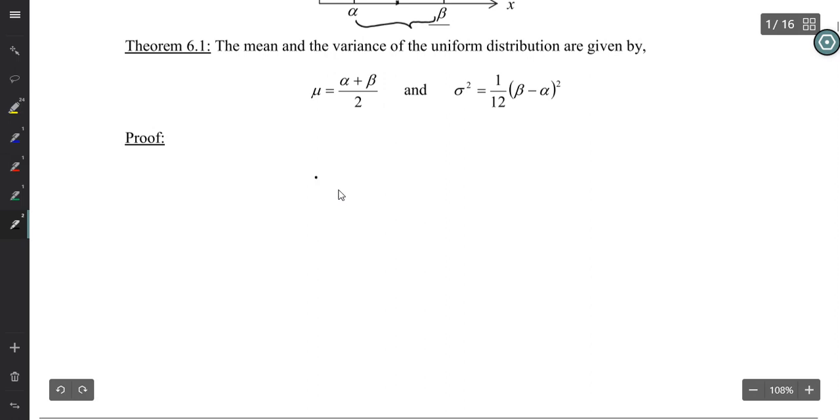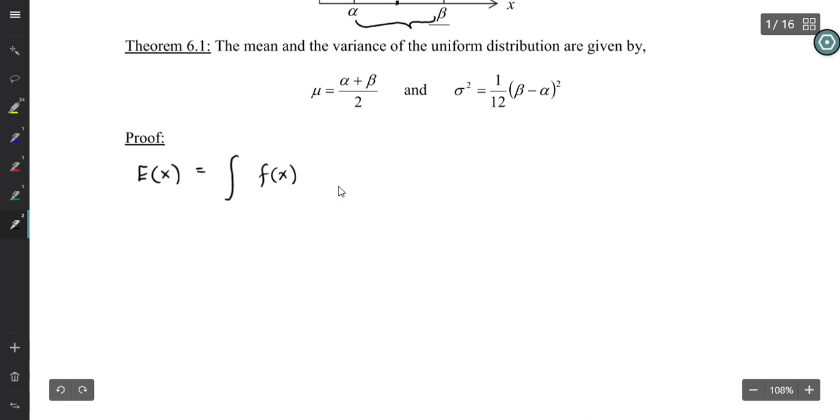If we use the definition, the expected value of x, we integrate our function, which is f(x) dx. It should be multiplied by x. So this is the definition of the expected value. E(x) is the integral of x f(x) dx. You integrate over the support of x.